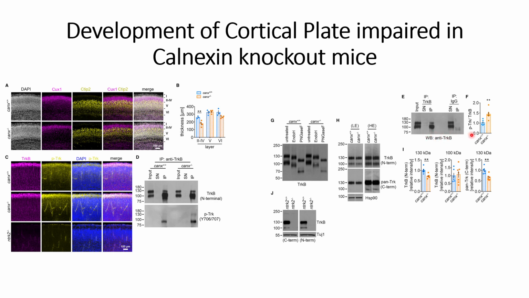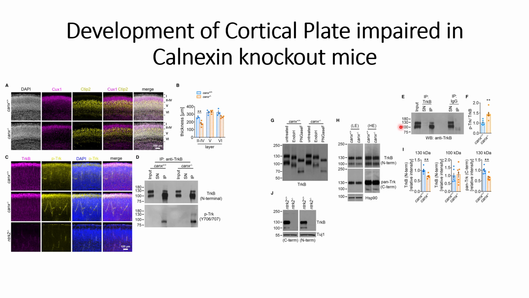When they check the phosphorylated TRKB to TRKB ratios, they can see the ratio is high in the case where calnexin is knocked out, compared to the case where calnexin is present.